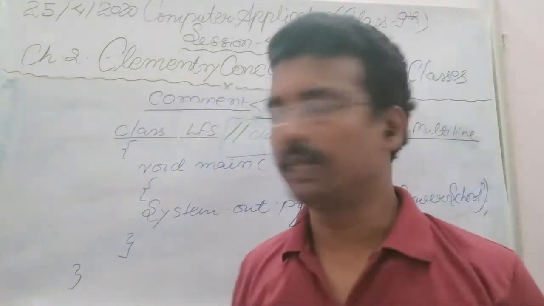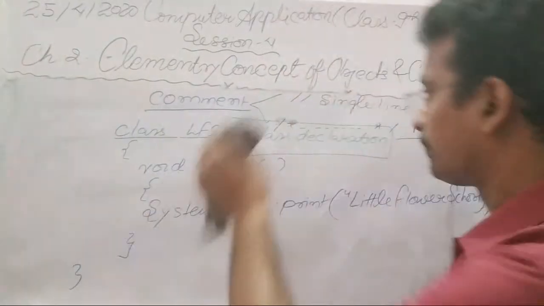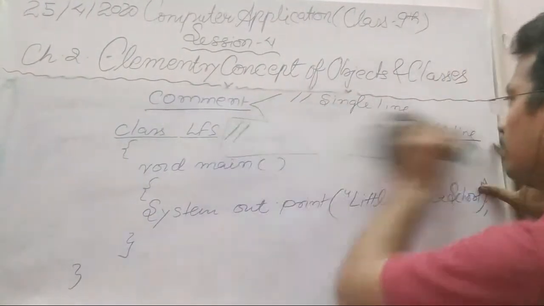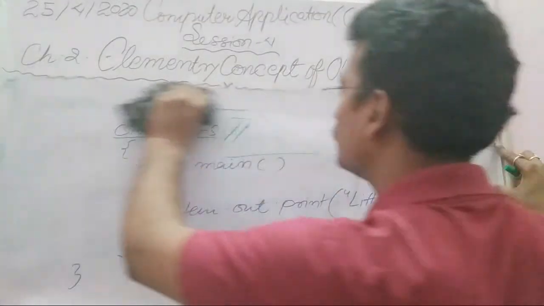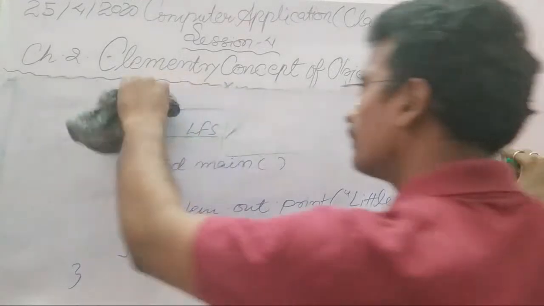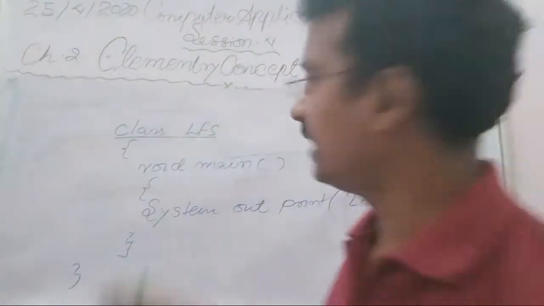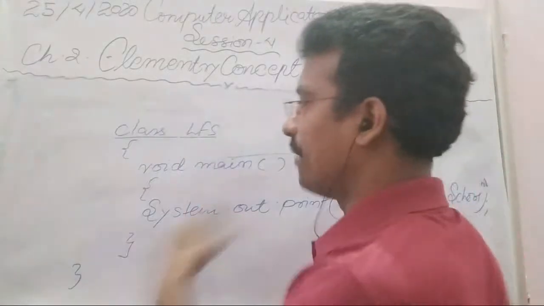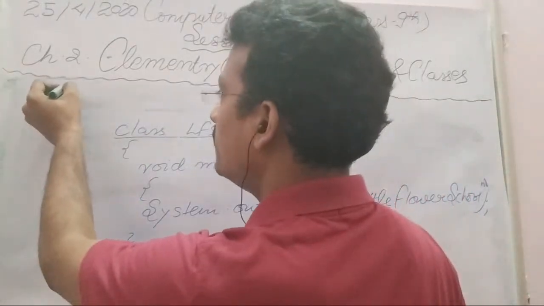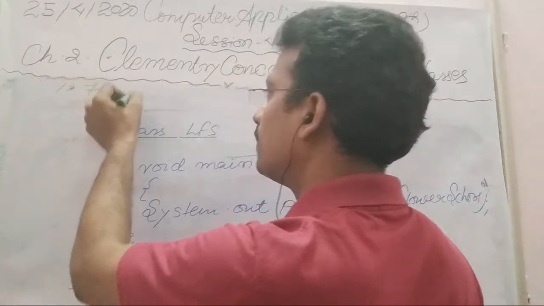How will we write the multi-line? I'll tell you. Suppose you have written this program and you want to write why this program is written for. In the starting of the program, you can write this.